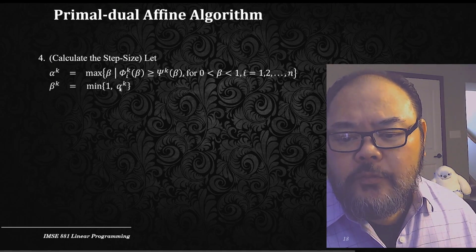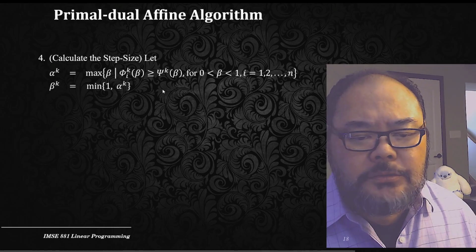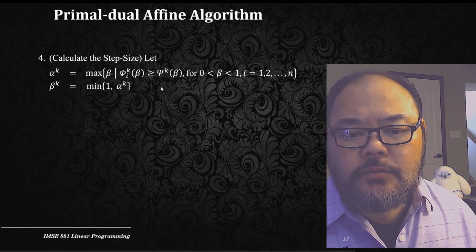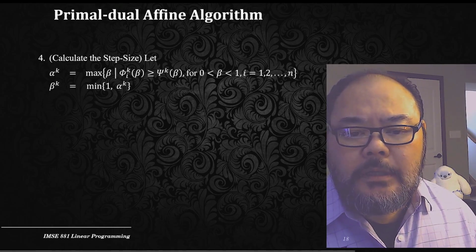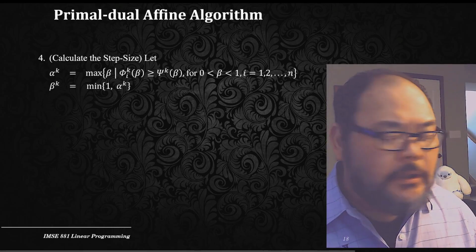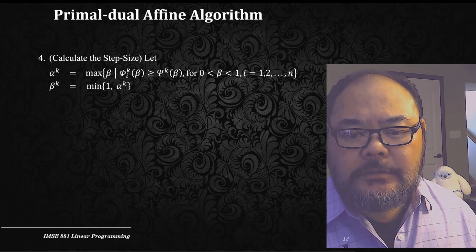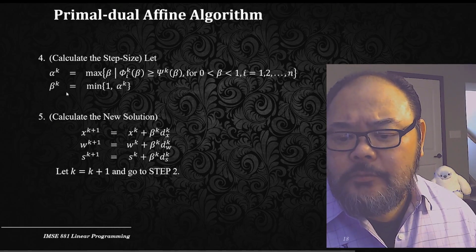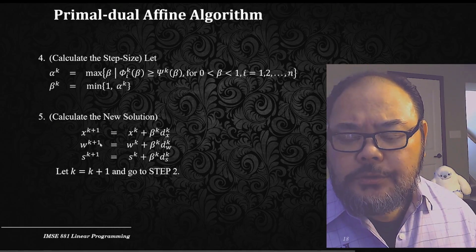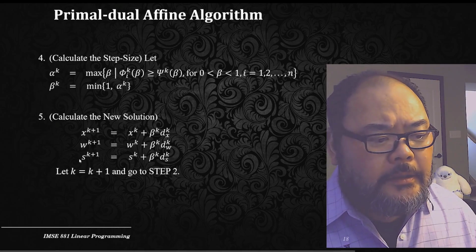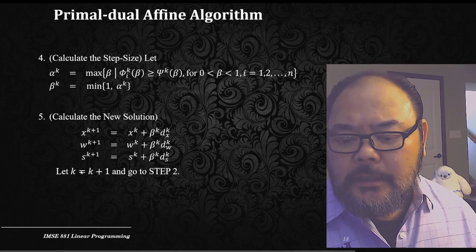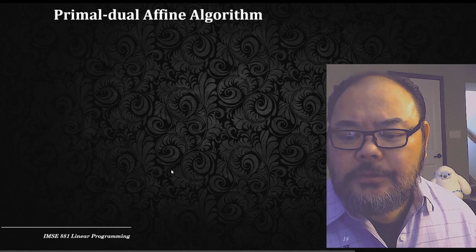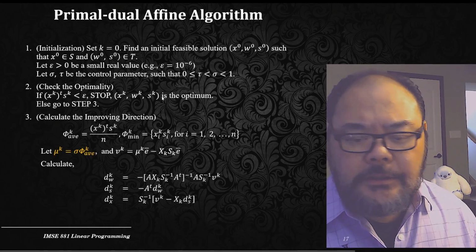As we said before, we can just set beta k equal to 0.95 to the power 1 over k, like in the primal and dual affine scaling method as well. Then finally, we update our primal solution, dual solution, and the dual slack, update the iteration number, and go back to step 2 to check optimality.